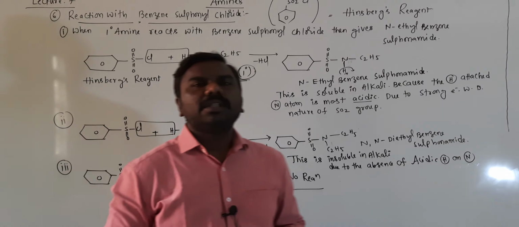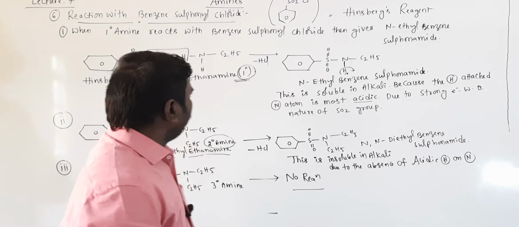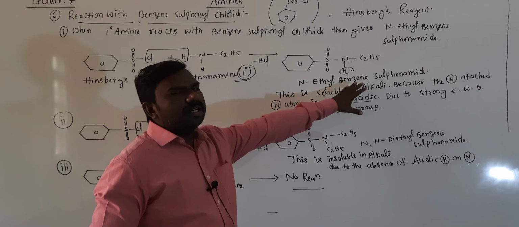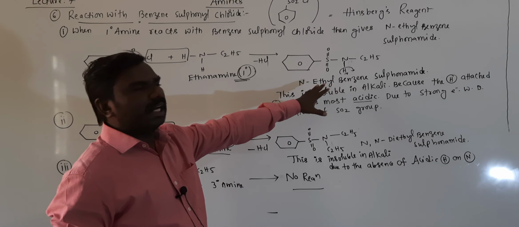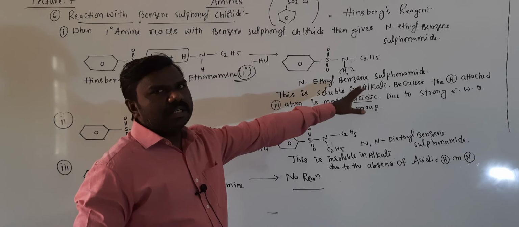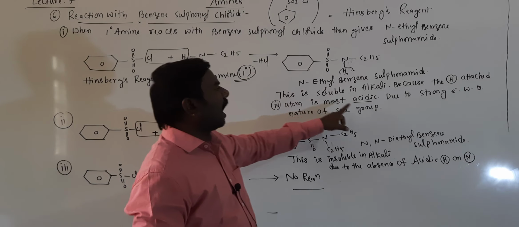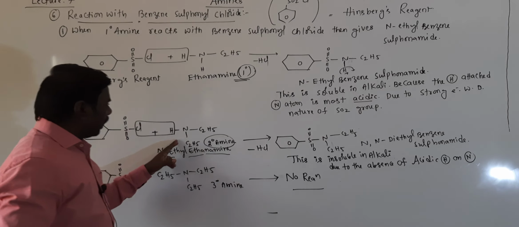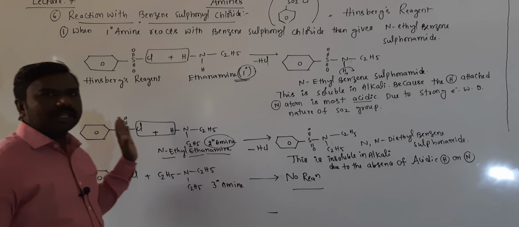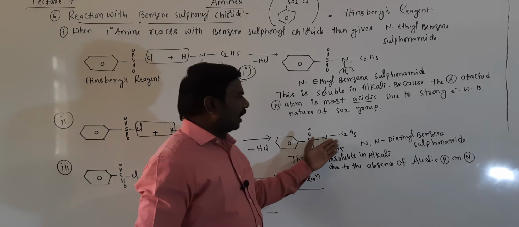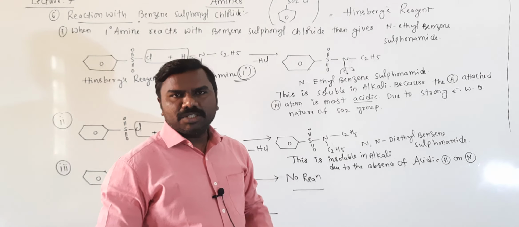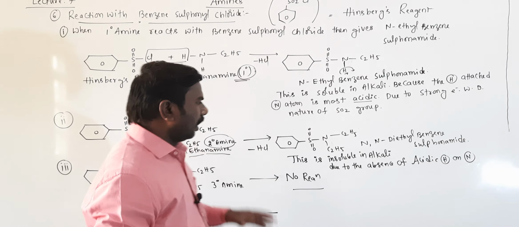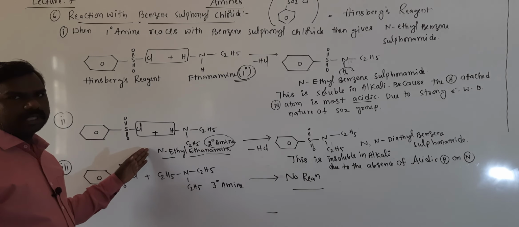Right, students? So observe: when a primary amine reacts with Hinsberg reagent, an N-alkyl benzene sulfonamide, N-ethyl benzene sulfonamide, is formed, which is soluble in alkali because of the acidic hydrogen. If secondary amines react with benzene sulfonyl chloride, they give N,N-diethyl benzene sulfonamide, which is insoluble in alkali. The insolubility indicates the presence of secondary amine.